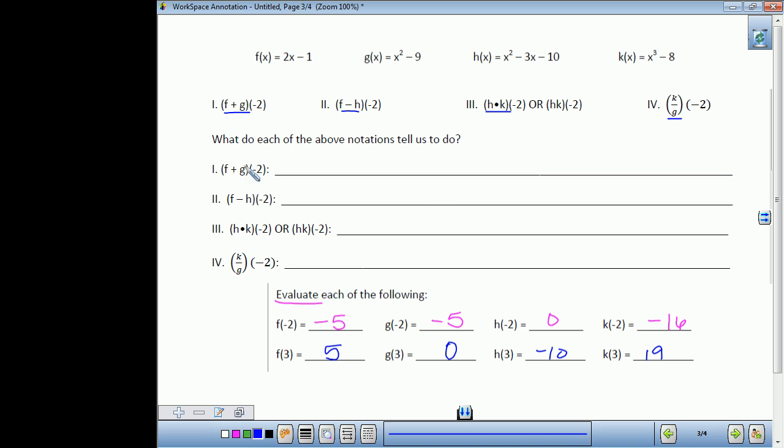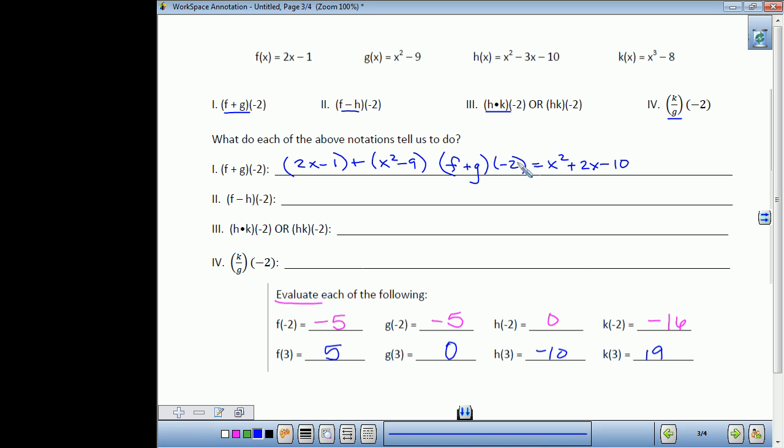So, if we had to add the two functions and then evaluate. Alright, so f is this. So if we added f plus g, let's see what f plus g is. We did 2x minus 1, and then we added to that x squared minus 9. We get that f plus g is x squared plus 2x minus 10.